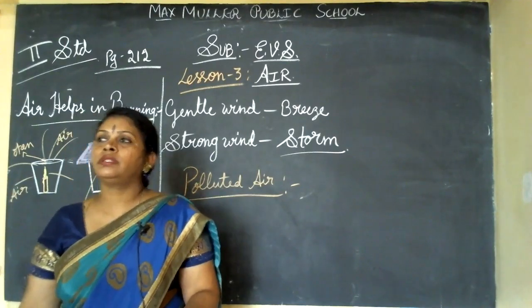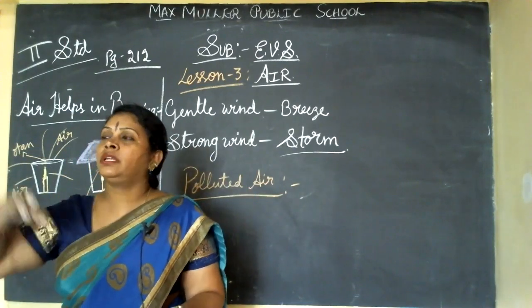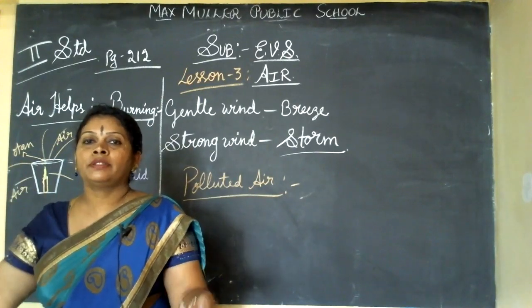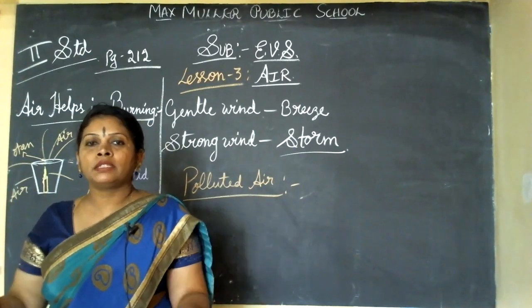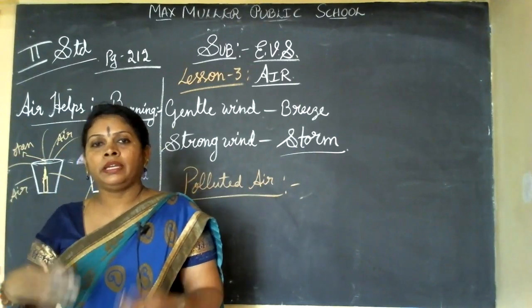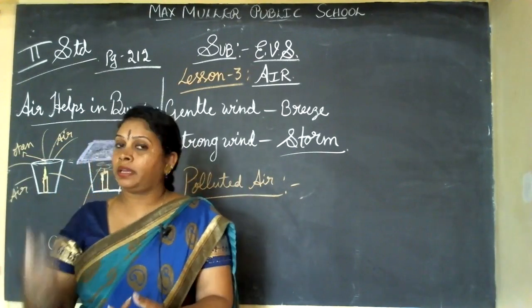So when all these things get mixed up in the air, in the environment, it is not in one place exactly. Wherever factories are there and so many vehicles are moving around, cars, two-wheelers, any vehicle, when they start the ignition, the air comes out.